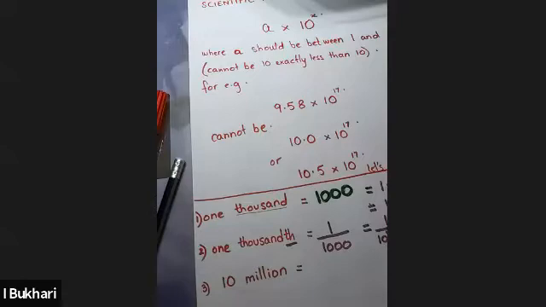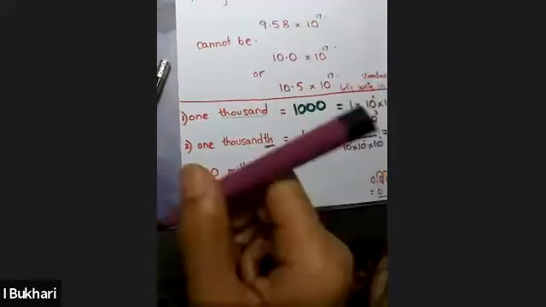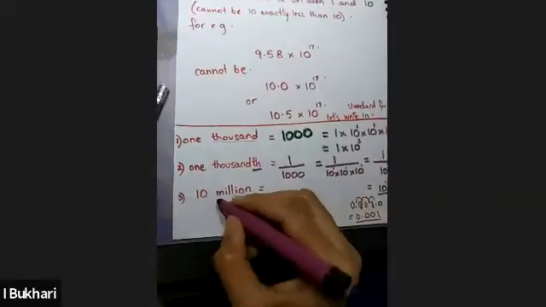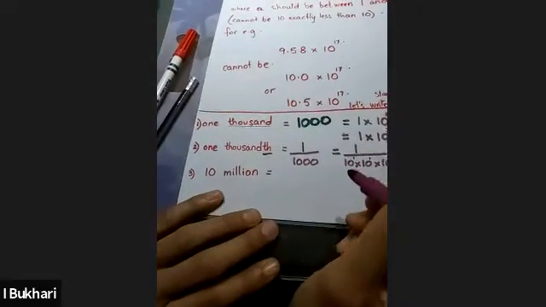Okay. Rehan Raza. Yes, ma'am. Can you do this? 10 million. Let's convert this into the standard form. How many zeros? 6 zeros. 5 zeros?